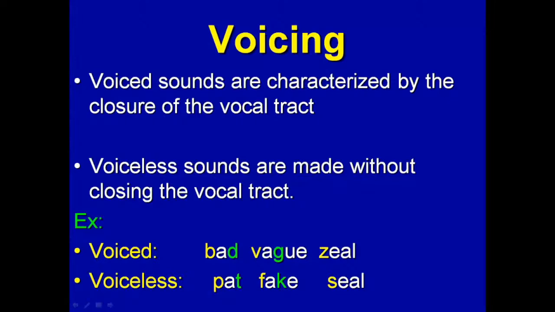It's not a closure. And this is what gives us, number one, voiced sounds. So just correct this: voiced sounds are characterized by a rapid closing and opening of the vocal cords. Now, voiceless sounds are made without closing the vocal tract.